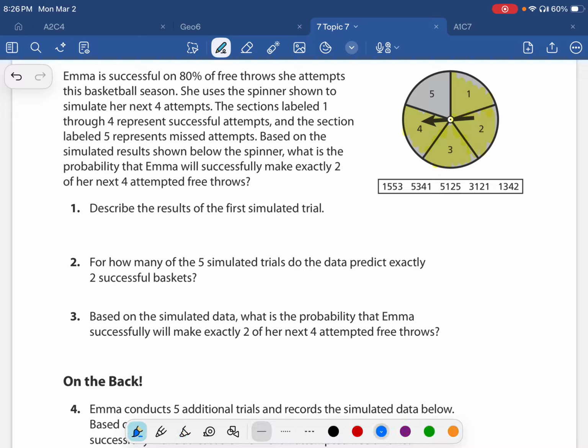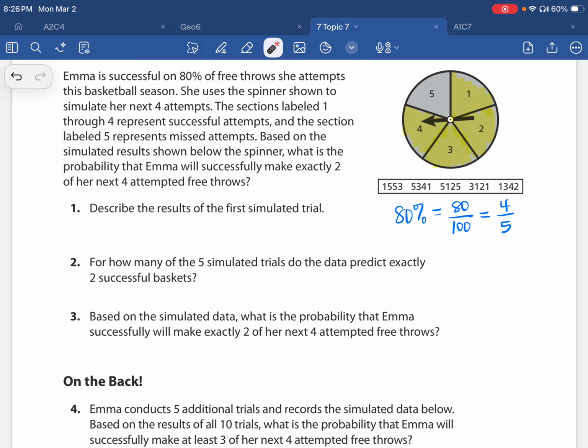And so she set this up this way because 80%, if you look at that as 80 out of 100 and reduce that fraction, is going to reduce to 4/5. So you want to try to make a spinner that's going to have the least number of sections. It would be kind of ridiculous to try to design a spinner that had 100 sections and 80 of them would be wins.